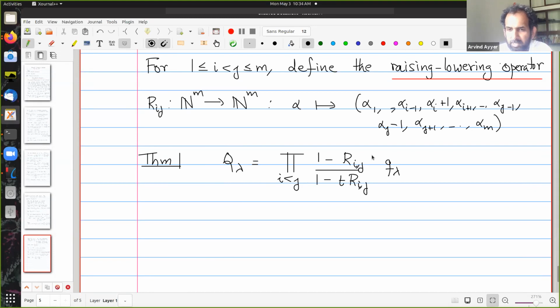So this is an operator. It acts on q lambda, where q lambda is the product of these q lambda i's, and it acts by these R_ij's, and it gives you q. So this is like multiplying by x_i and differentiating with respect to another variable x_j.